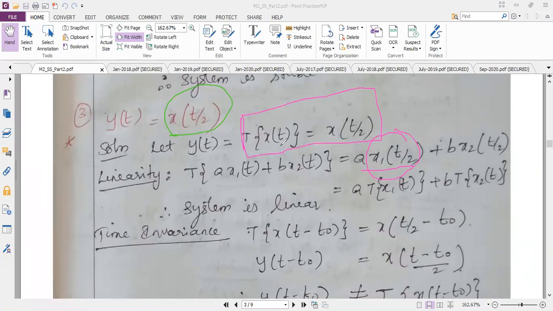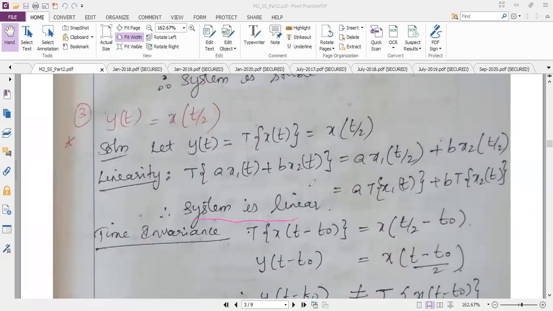The scaling factor remains the same, so a into T of x1 of t. Similarly, b we keep as it is, and this x2 of t by 2 can be written as T of x2 of t. When you get the right hand side like this, a into T of x1 of t plus b into T of x2 of t, then we can say that the system is linear.